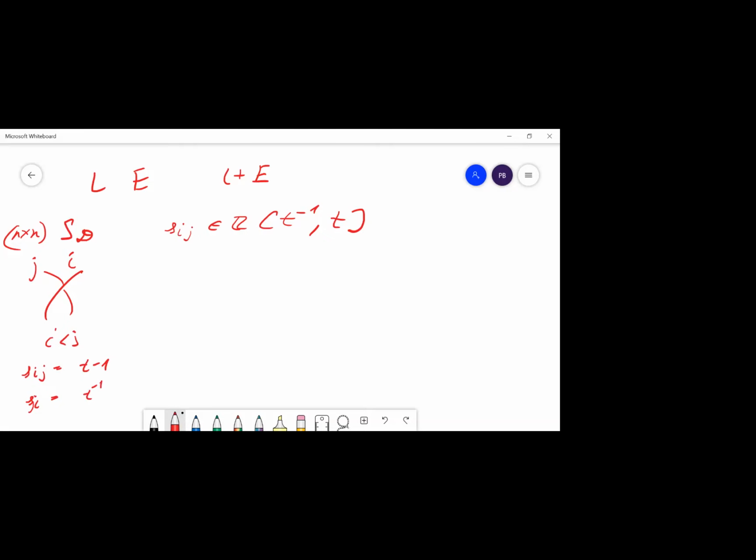So it's not quite symmetric, but it's symmetric in the way that we define it symmetrically. And if i is bigger than j, we have S_ij equal 1 minus t, S_ji equal 1 minus t to the power minus 1.